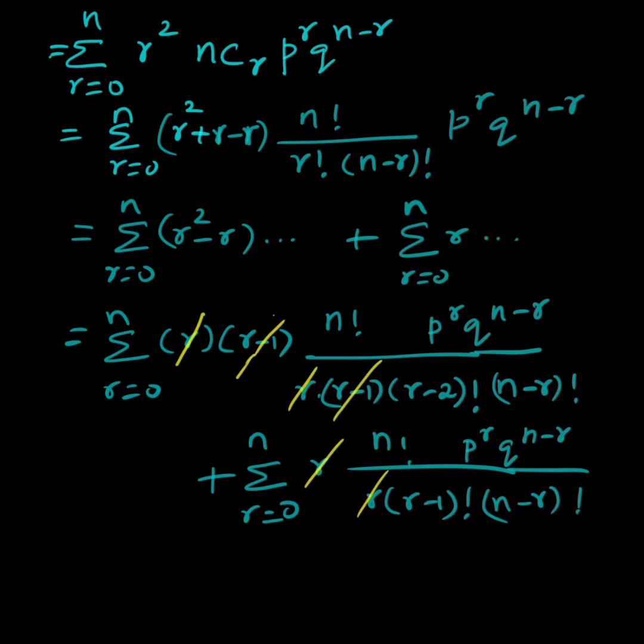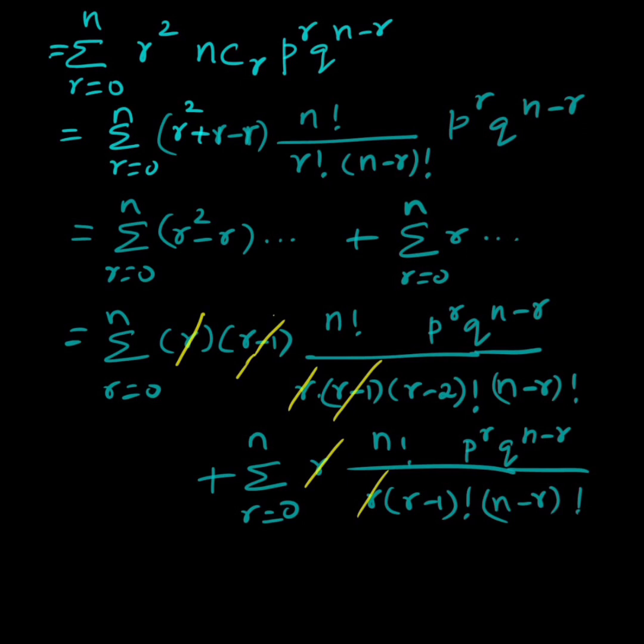And the second sigma portion is nothing but simply the mean. We need not even evaluate the second part of the sigma, it is simply np. Now come to this first sigma, it contains r and r minus 1 in the numerator, and if we expand r factorial, it can be directly written as r into r minus 1 into r minus 2 factorial.